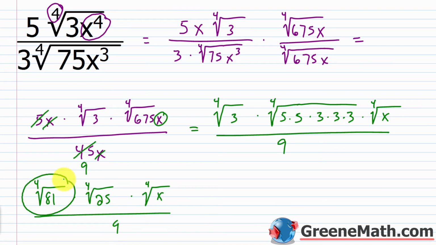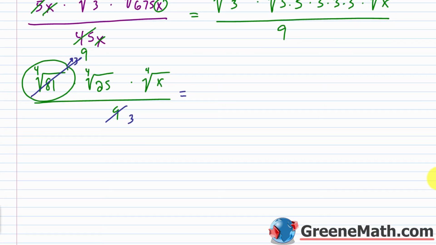This right here has a value of 3. So you basically have a 3 here. So I could cancel this with this and leave a 3. And as my answer is going to go, we would end up with the fourth root of 25x over 3.